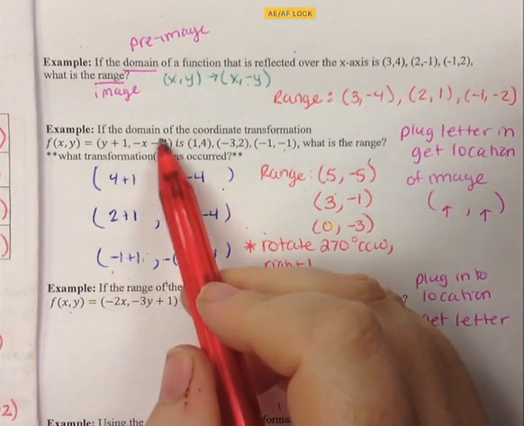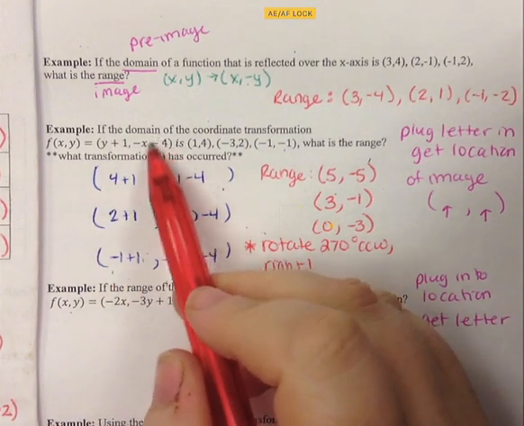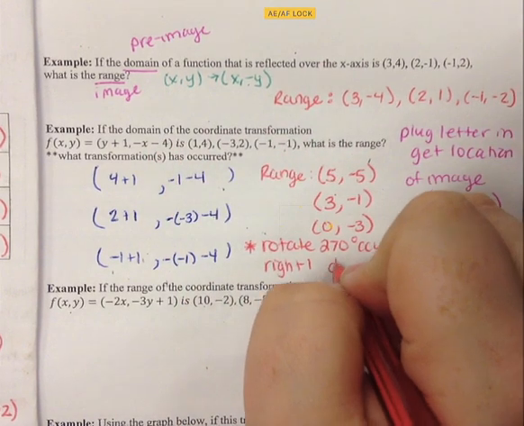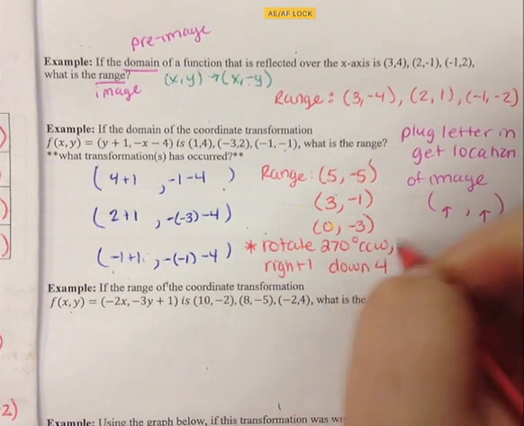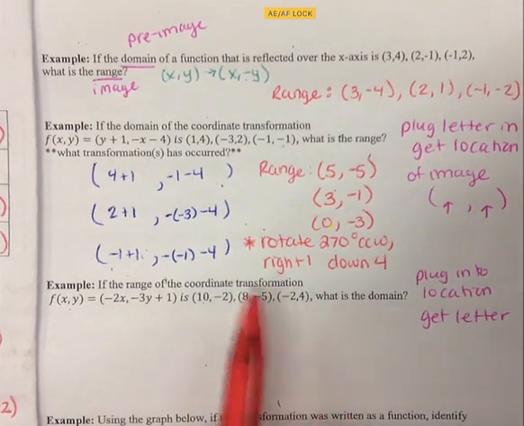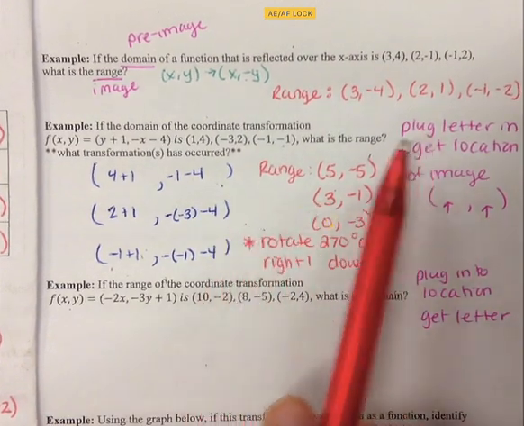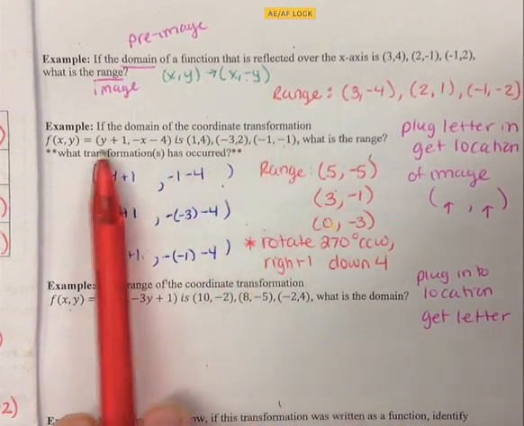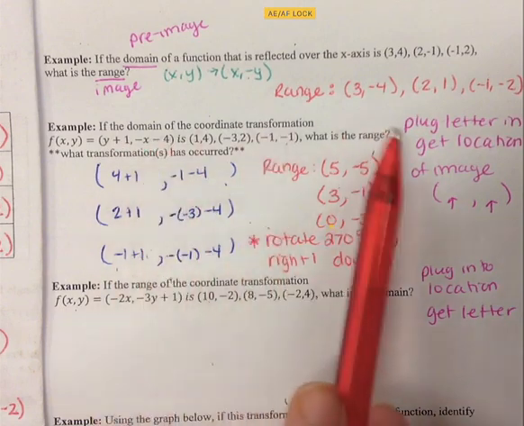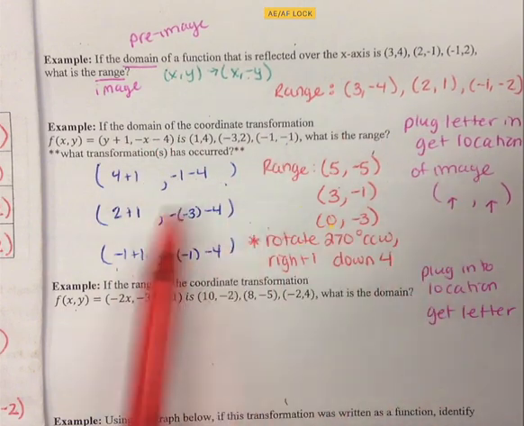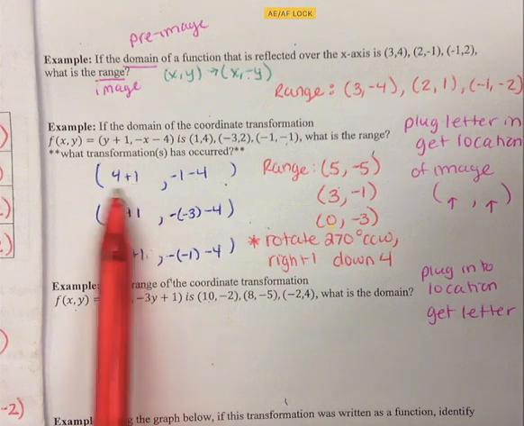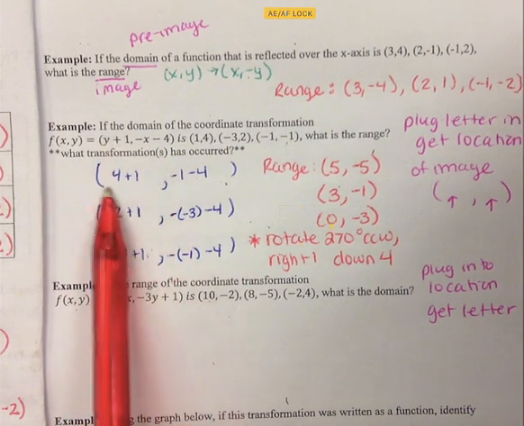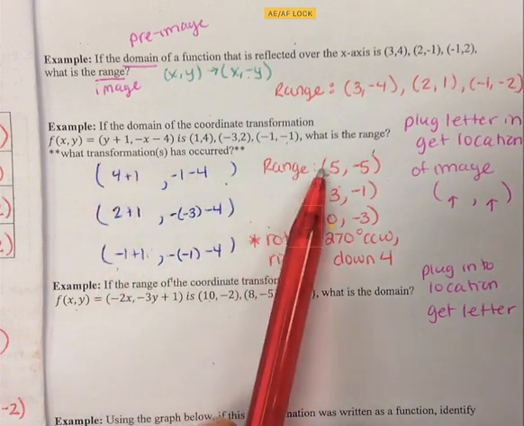Then, because we have a minus 4 in the back location, that's the up and down, it's really going down 4. So again, you plug in your actual letters, wherever you see the x's and y's, and you get the location of the image, so of the range. So even though you plugged in the y number, you got the x location of our range.